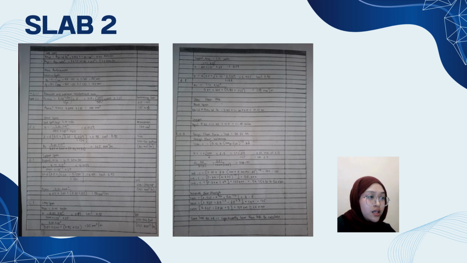Step 3 is shear check. Finally, we check if the slab can resist shear force. The maximum design shear force is 20.66 kN. We calculate the concrete shear resistance, which is 54.8 kN.